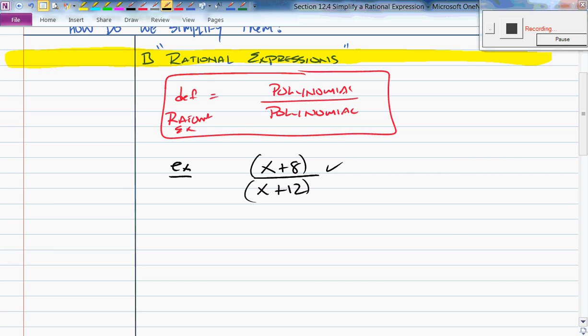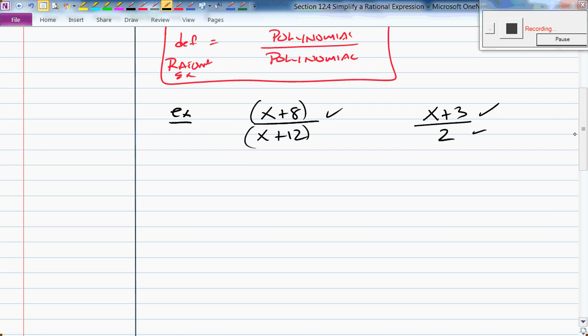Give me one that has a monomial in it anywhere. X plus 3 over 2. Yep, that's a rational expression. That's a polynomial over a polynomial. Good. Give me another one that has a quadratic in it.